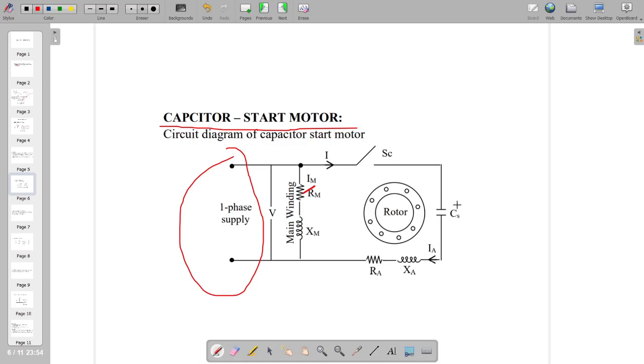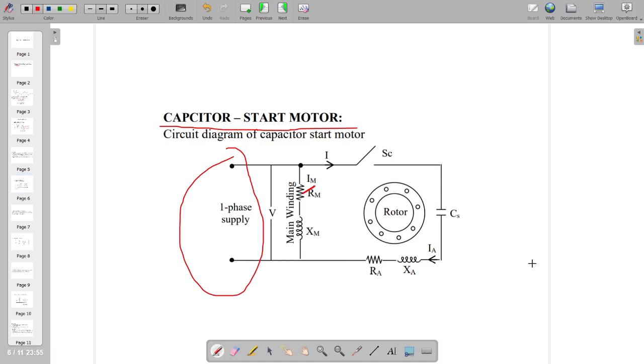In addition to that, the capacitor Cs is connected in the stator winding itself. The two windings are displaced by 90 degrees. A centrifugal switch is connected, and Cs is connected in series with the auxiliary winding. By choosing a proper capacitor value, the current Im in the main winding may lag the auxiliary current, that is the current through the auxiliary winding, by 90 degrees.